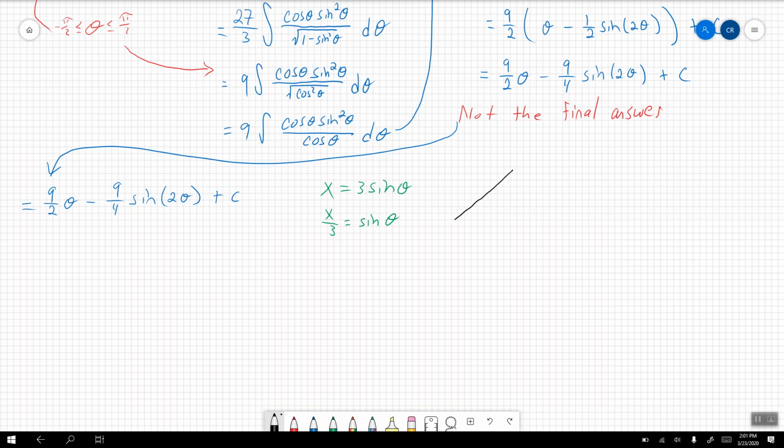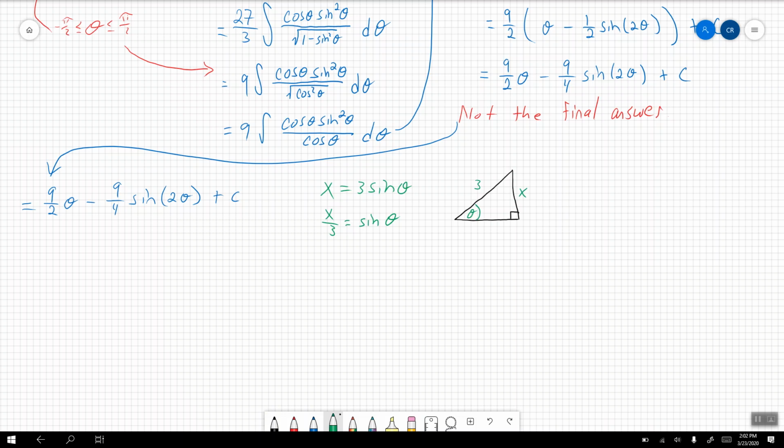Thinking back from trig, that's actually some right triangle with some angle theta whose sine ratio is x over 3. In other words, if I identify the angle within that right triangle, it's ratio-wise opposite over hypotenuse.